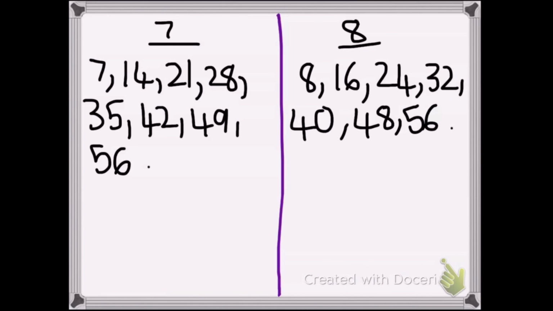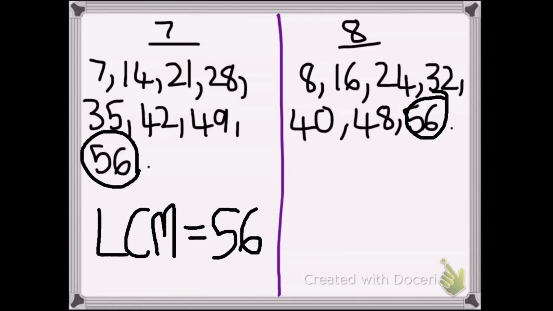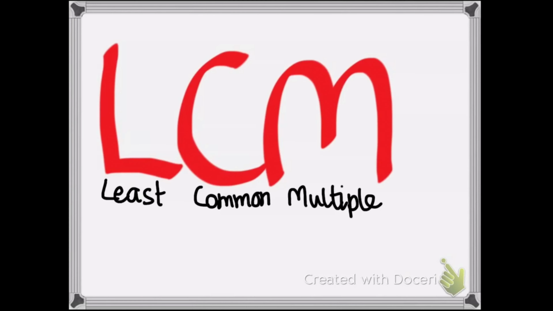Let's see. Do you notice that 56 on the 8 side and 56 on the 7 side is the same thing? So let's write that down. That means 56 is the LCM of 7 and 8.